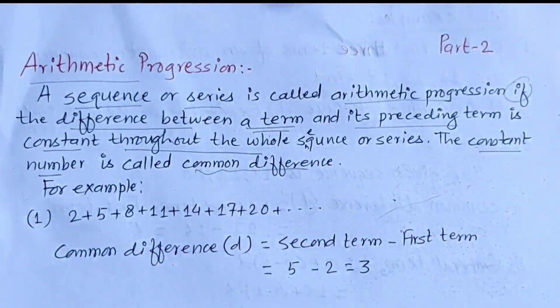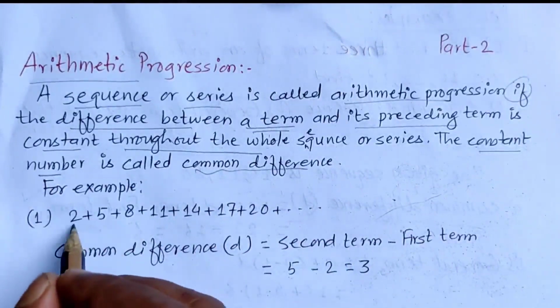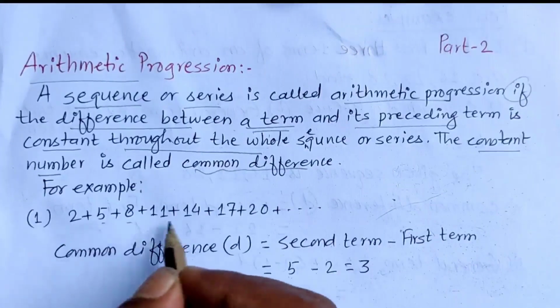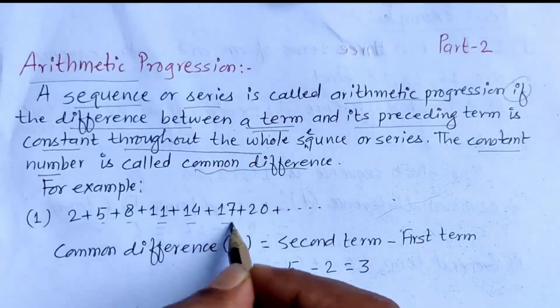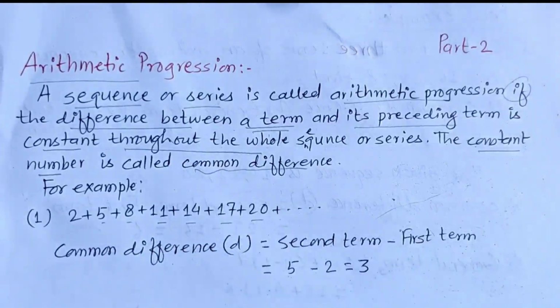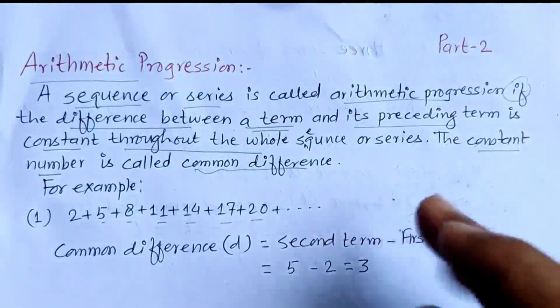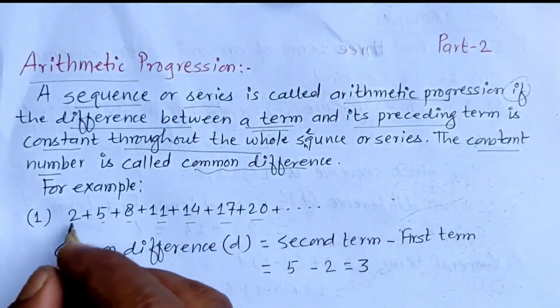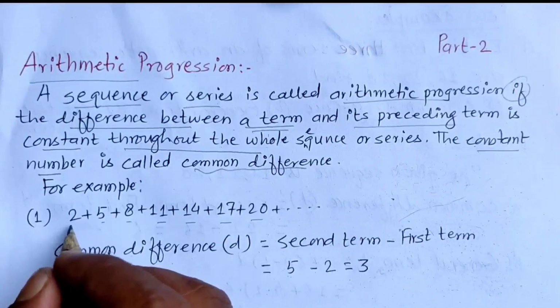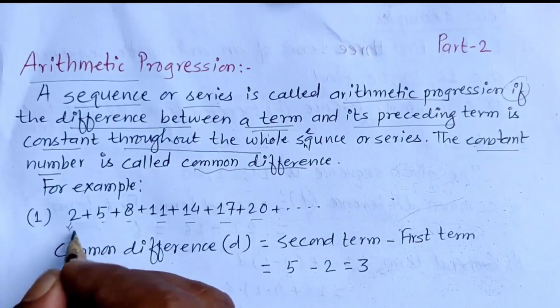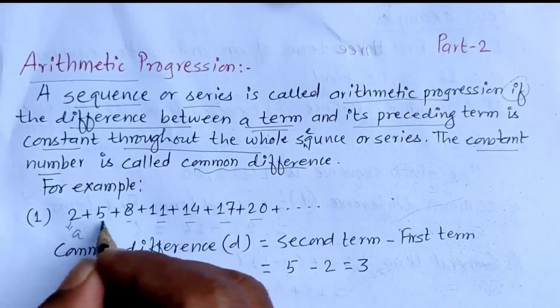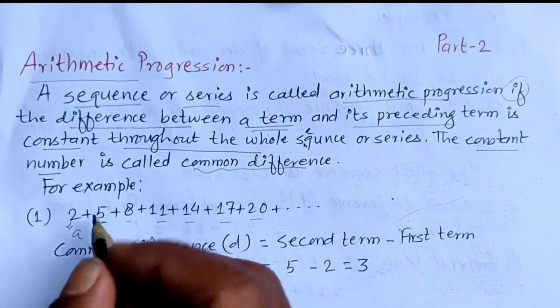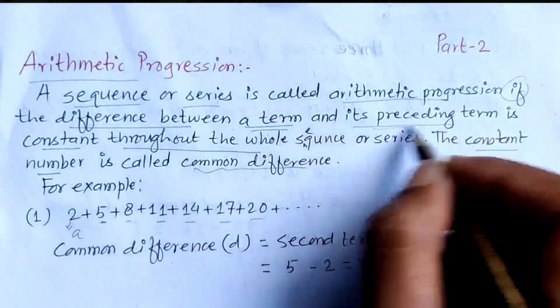For example, you can see that 2 + 5 + 8 + 11 + 14 + 17 + 20 + ... is a series. Here 2 is the first term, and the first term is always denoted by A, and 5 is the preceding term.